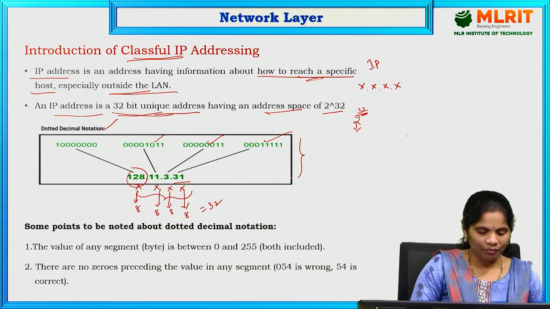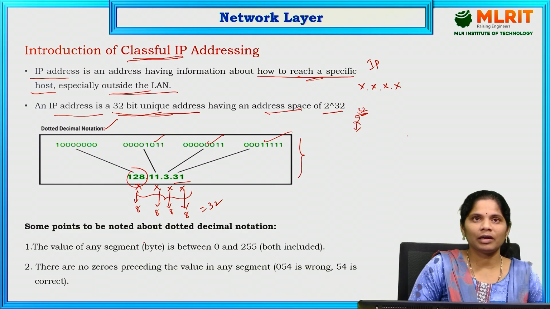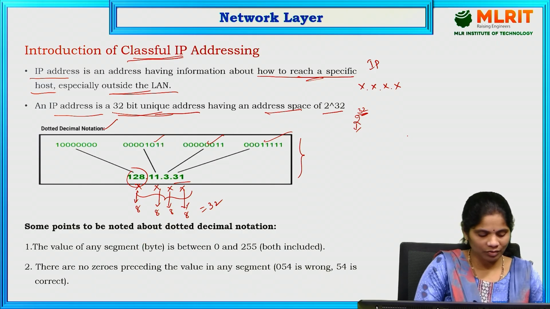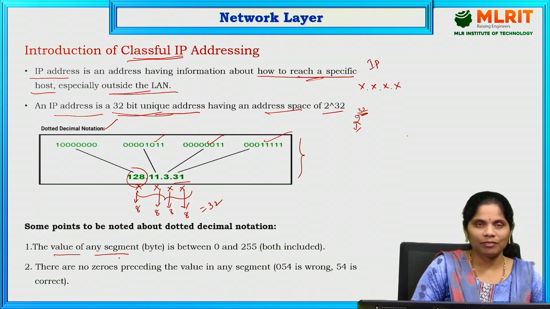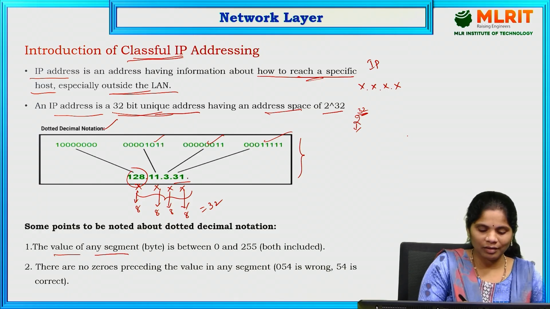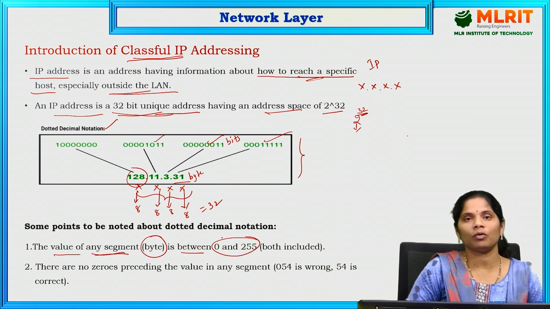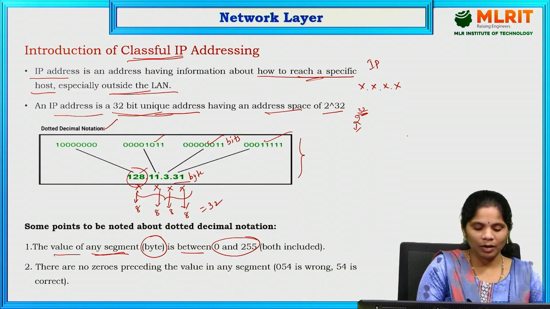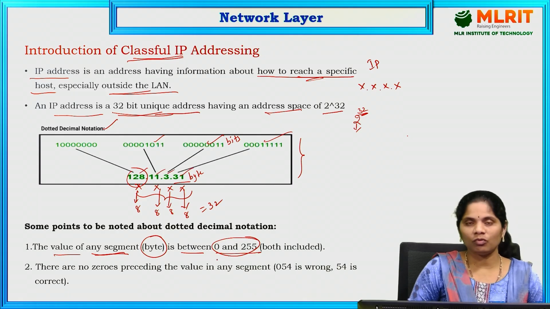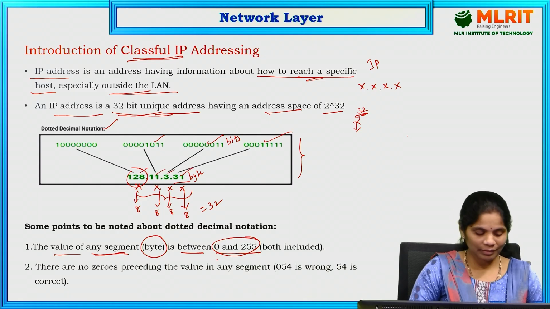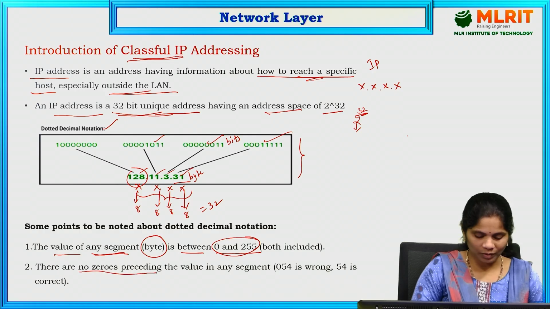What exactly do we have to remember when writing this dotted decimal notation? The value of any segment, these bytes, is in the range 0 to 255 only. Also, there are no zeros preceding the value.